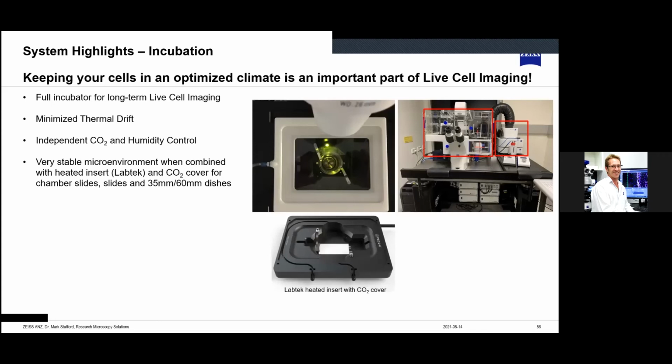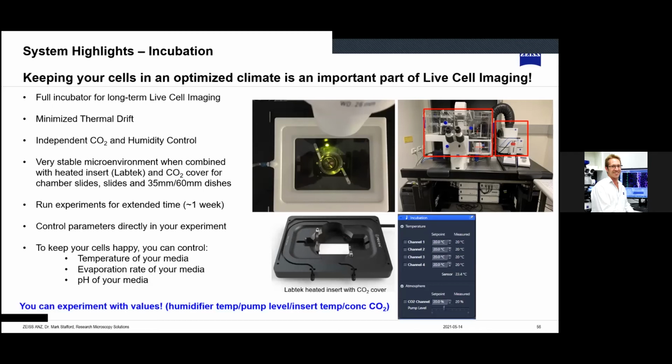You would want to use this insert for your long-term time-lapse experiments, things that might be a week long, as you're going to get a very, very stable microenvironment using this heated insert in combination with this particular CO2 cover. This heated insert can do chamber slides, and 35 and 60 mm dishes. You can run experiments for easily a week or longer if you want.